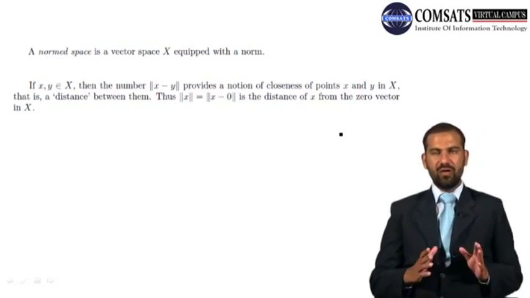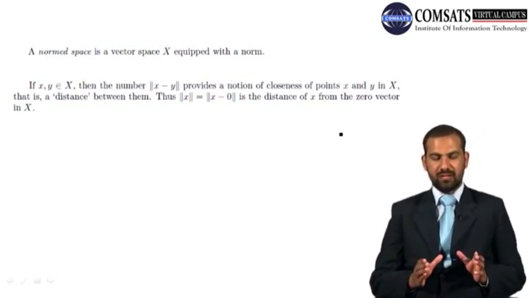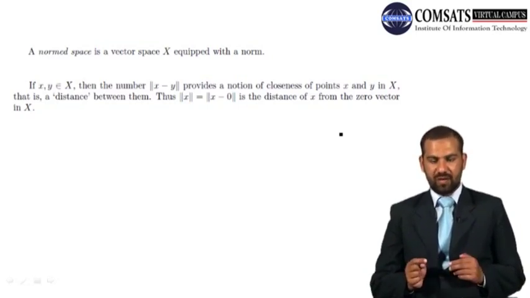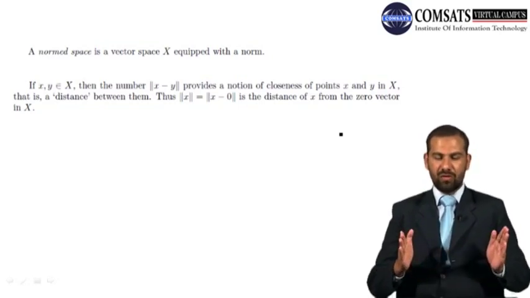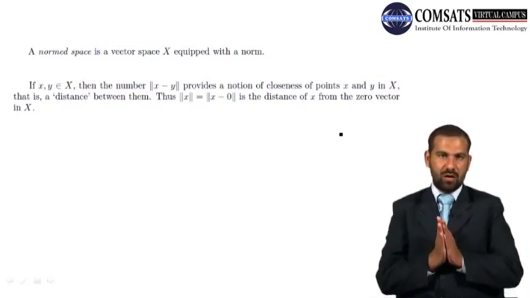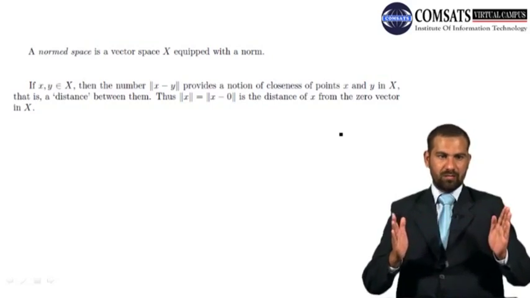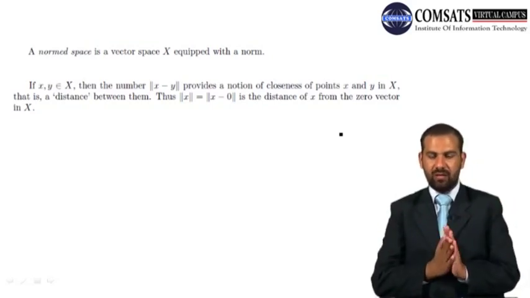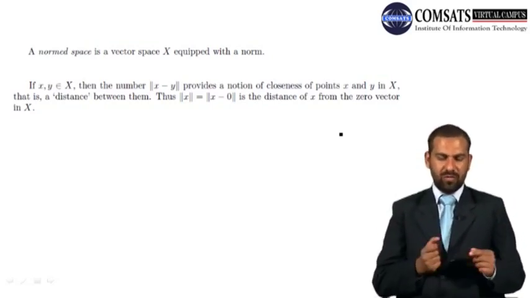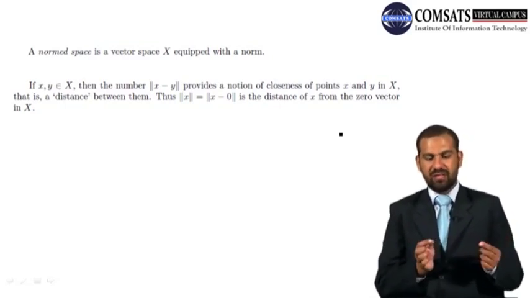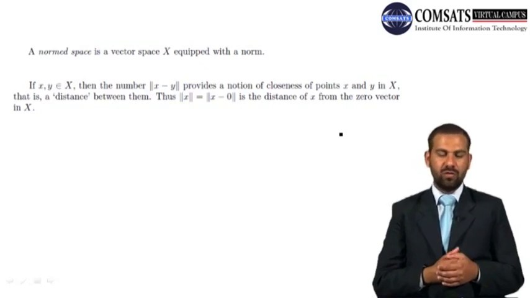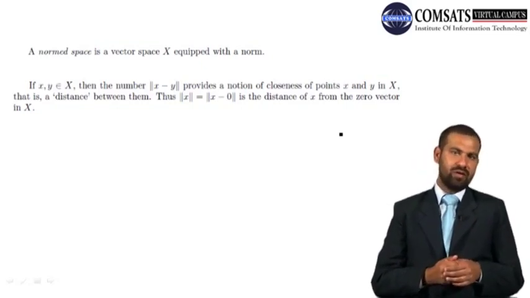Also, if you have two elements, then the norm of x minus y provides the notion of closeness, how close they are to each other. That is the distance, or shortest distance, between the two points. And you also know the distance from the origin.